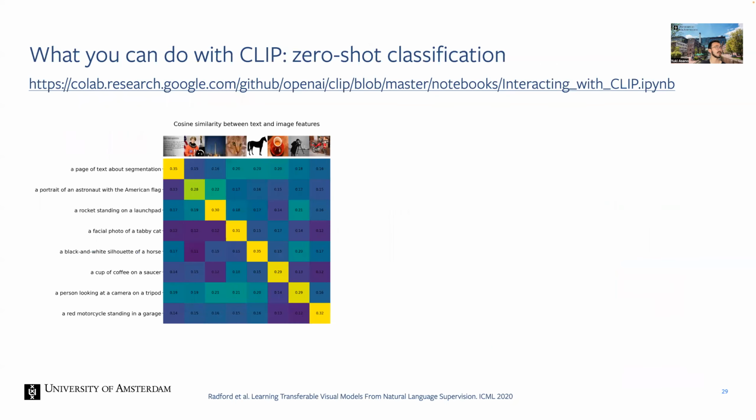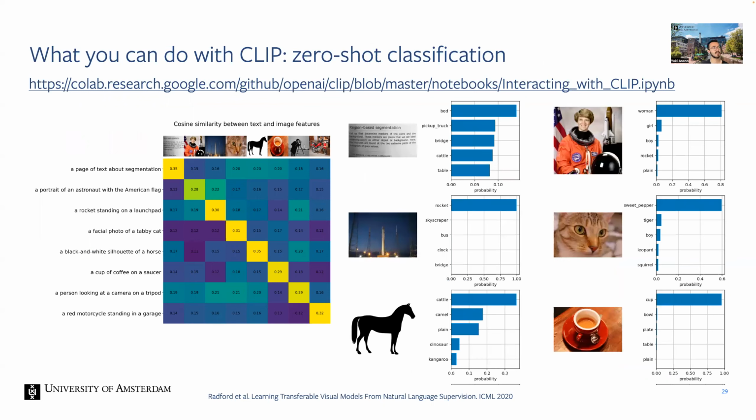So what you can do with CLIP, and for example, there's this demo Colab notebook, I'll be adding some more links in these slides, is you can input a bunch of images, you can input a bunch of text, and you can find out, okay, which image belongs to what kind of text. Or you can, as we've also done in our assignment last year, figure out which kind of attributes fit well to an image.